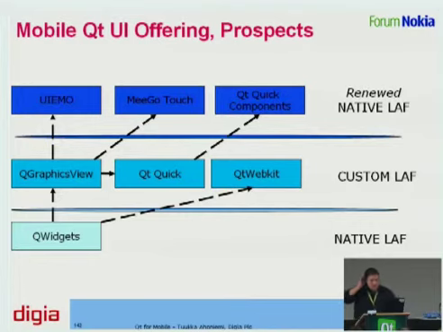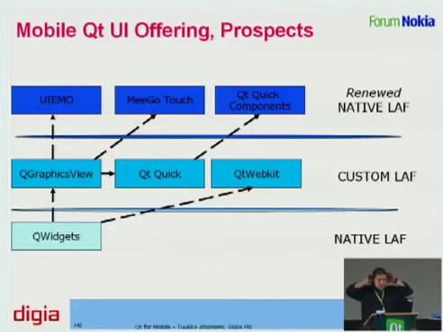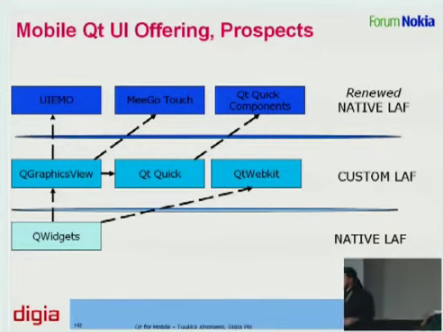Okay, but if I want to create my application with QWidgets, you showed now that you can deploy your application on the desktop with the Windows native look and feel, and deploy on Symbian with the native look and feel. So as a developer, why should I use MeeGo Touch instead of QWidget if I can get the same things?